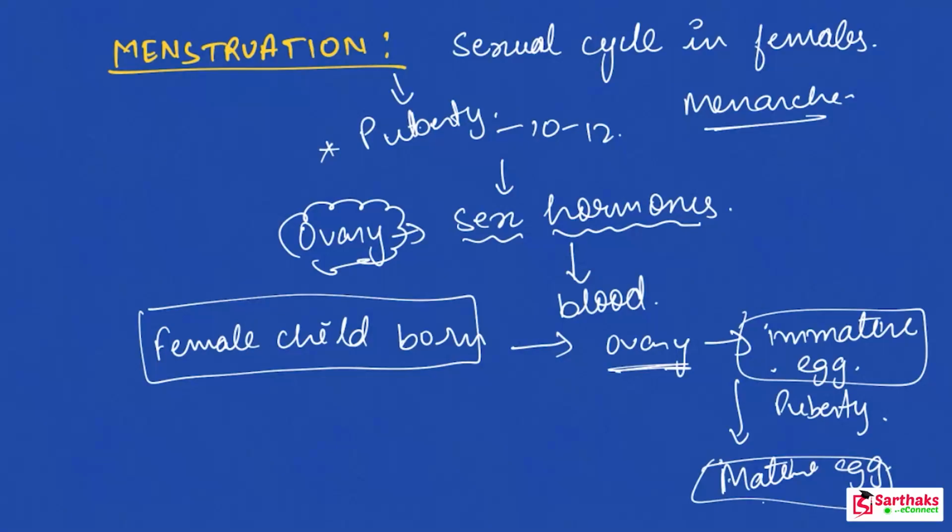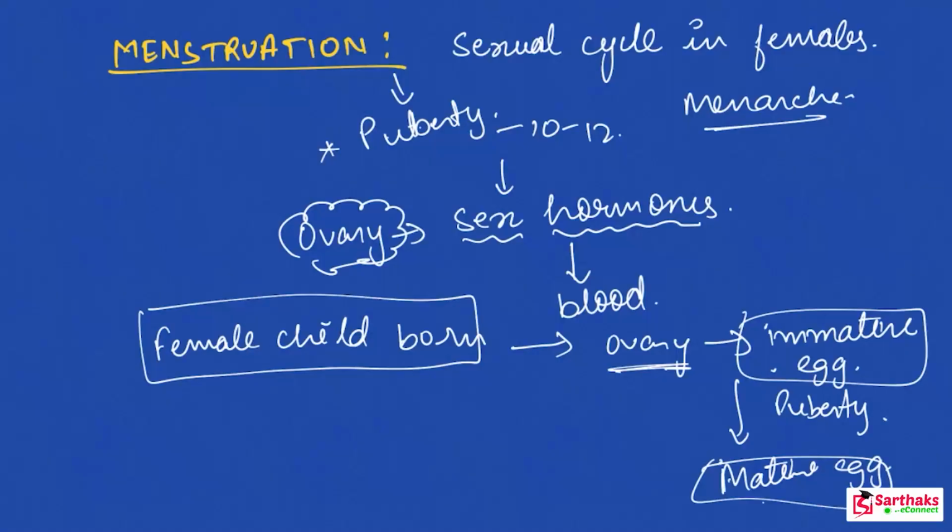And why do they start maturing? Due to the release of some hormones from the ovaries. These sex hormones reach the blood and cause some of the ova, meaning immature eggs, in our ovaries to become mature. Usually one mature ovum is released from the ovary.